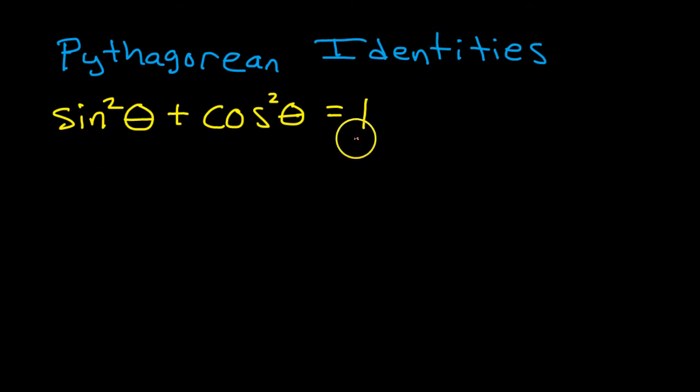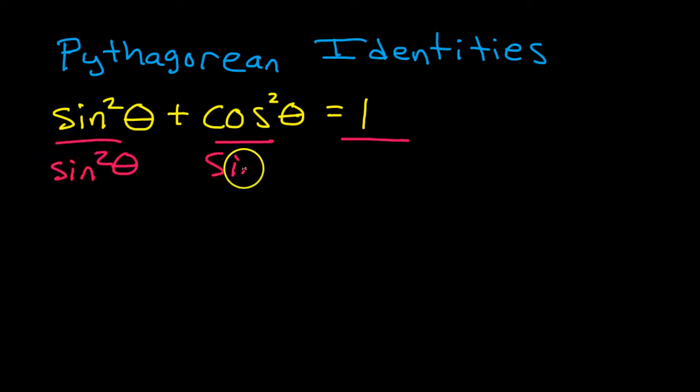Now, this basic identity will quickly give us two other identities that are not so important to memorize because of how quickly you can find them. Basically, if we divide everything by sine squared theta, watch what happens.